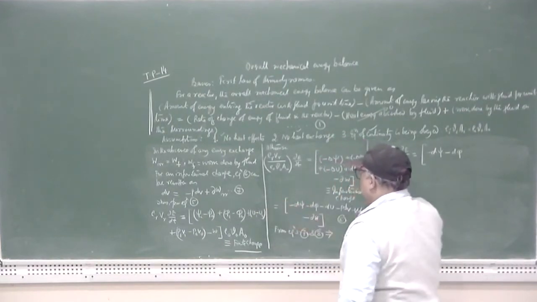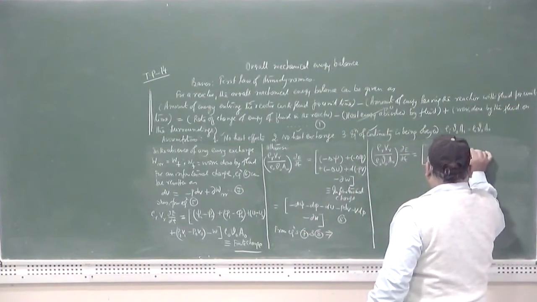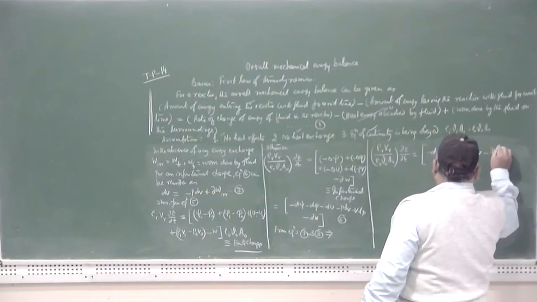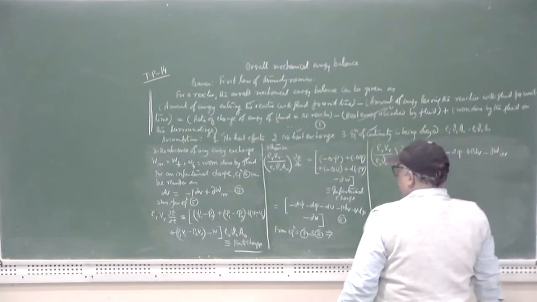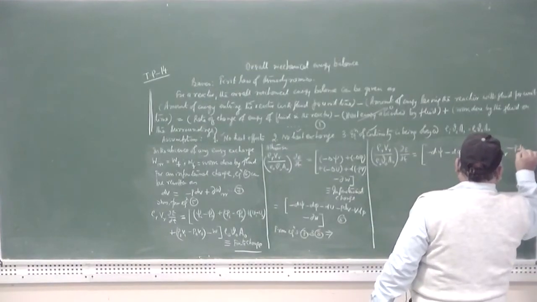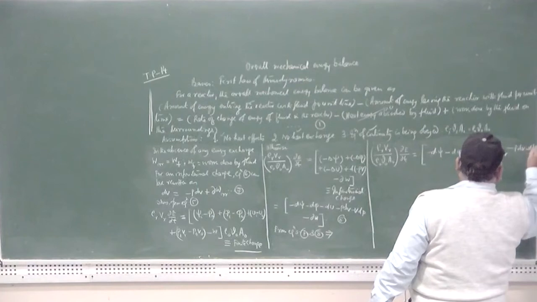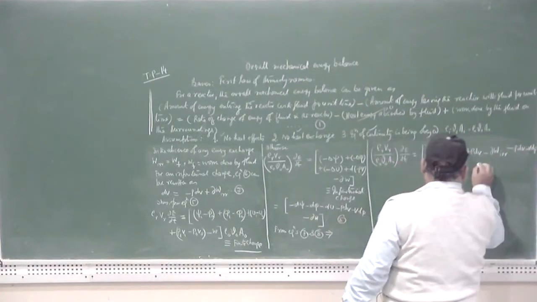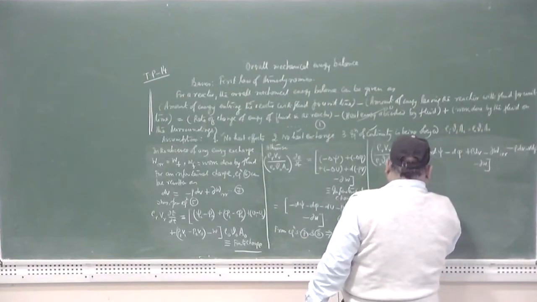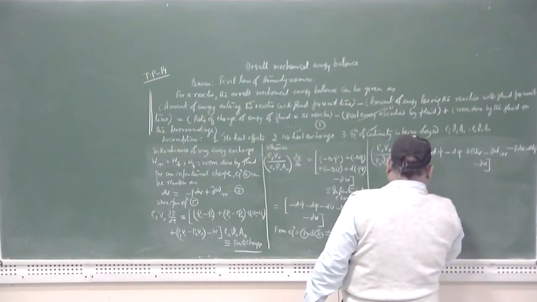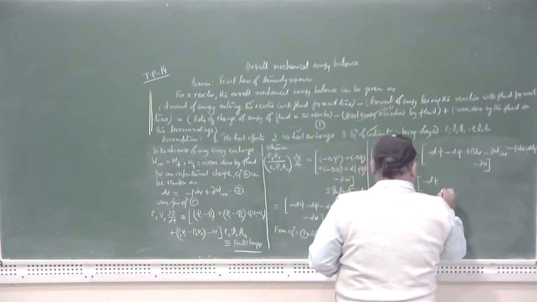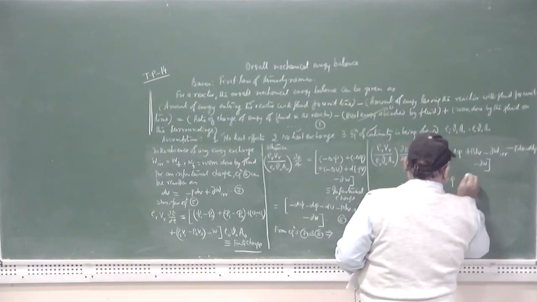So, minus du is equal to plus p dv minus delta W irreversible minus p dv minus VdP minus delta W. So, this can be written as minus d psi minus d phi.